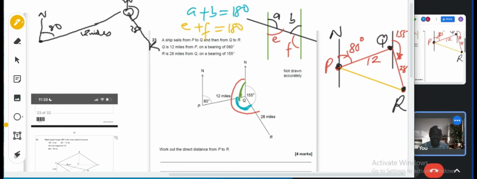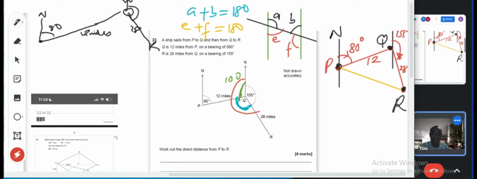Okay, first of all, what's the value of this green angle here? 100. Okay, the green one is 100. What's the value of the red angle? The whole red angle. 360 take away 155.